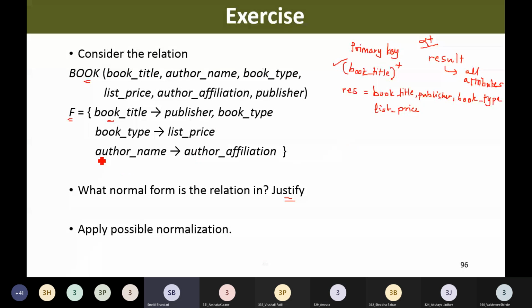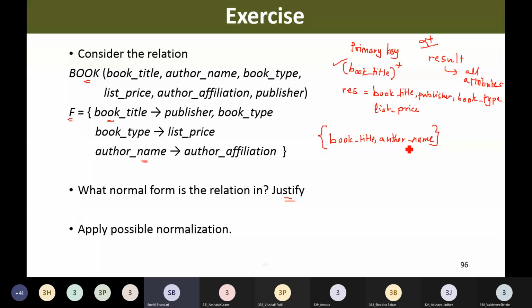So what we need to do now is just apply common sense. We are left with author name determining author affiliation. So simply, this left hand side, author name, can be added to book title, and we may come up with a key like book title, comma, author name. So this would be our primary key.